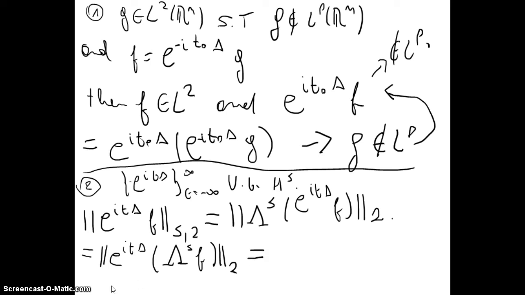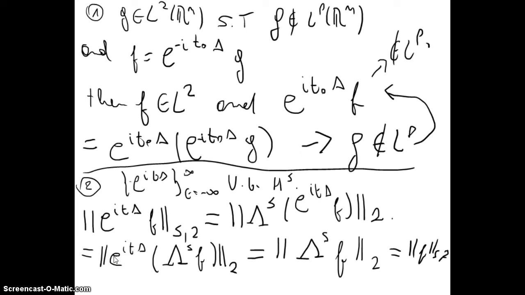And this is equal to, well, because we know this is an operator that is bounded, is an isometry in L2, so this is equal to lambda s f in L2, and finally this is equal to, well, f in norm H^s, okay, because of the definition.